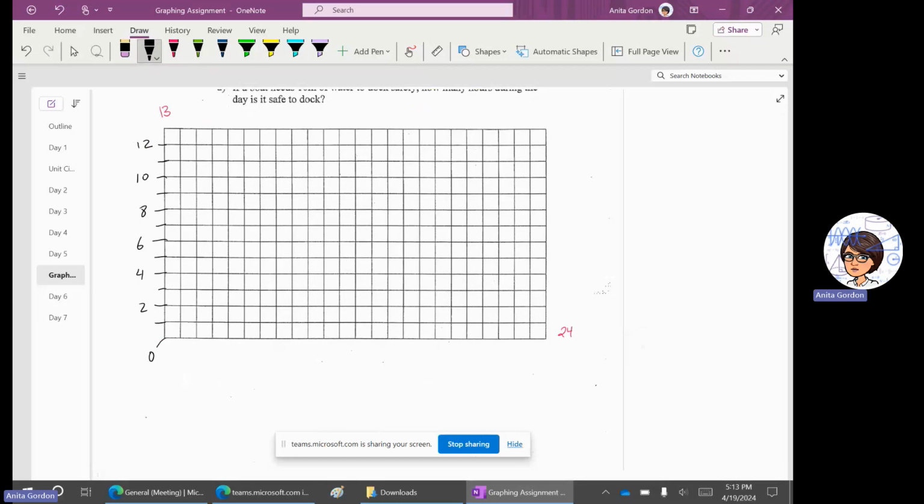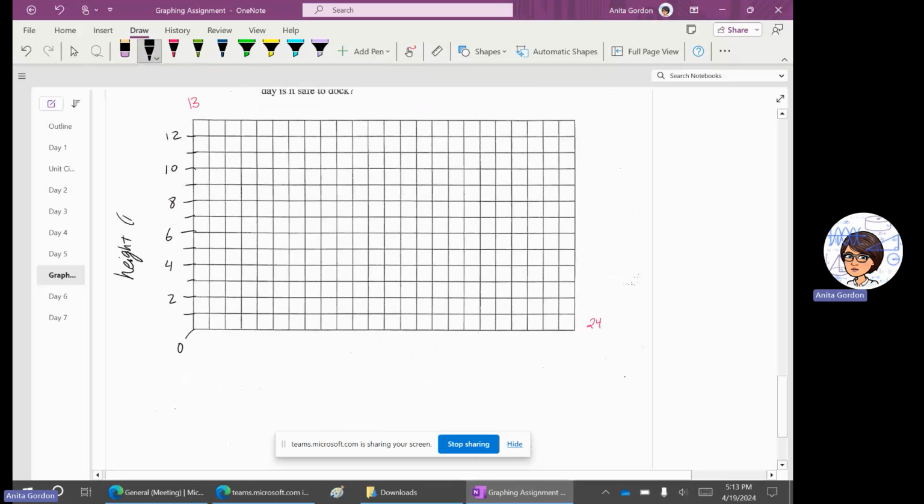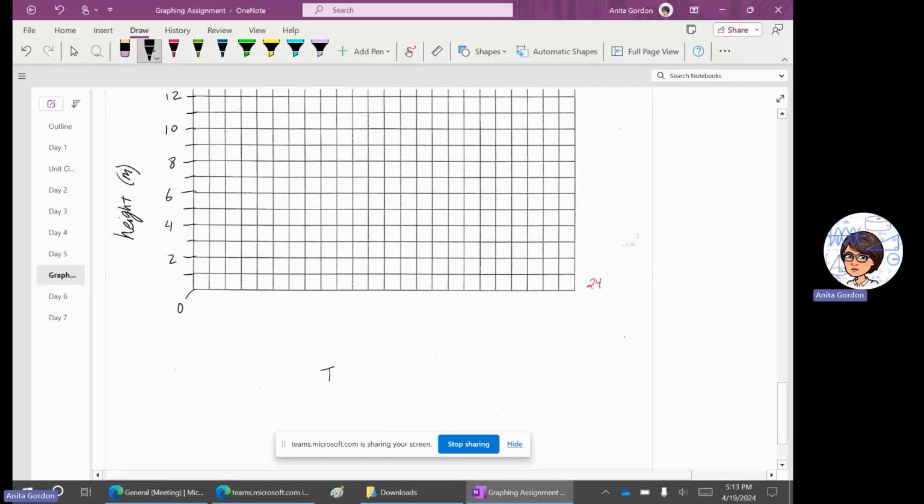On the vertical, this is measuring height of the water, or depth of the water, in meters. And on the horizontal, I am looking at time from midnight. So how many hours from midnight? Again, measuring this in hours.